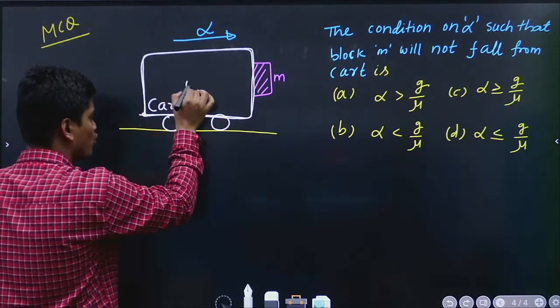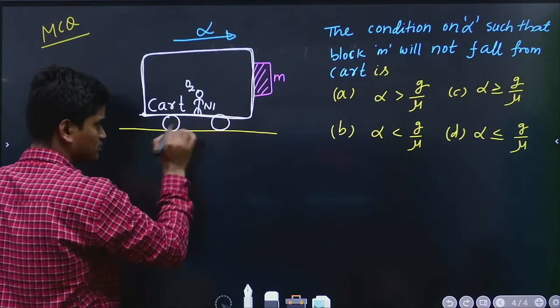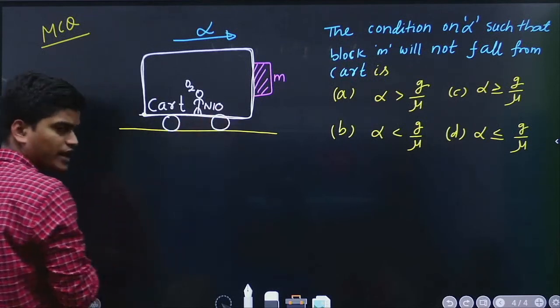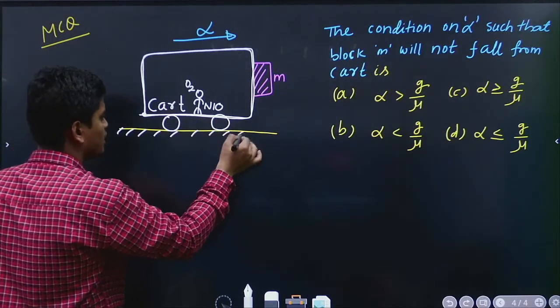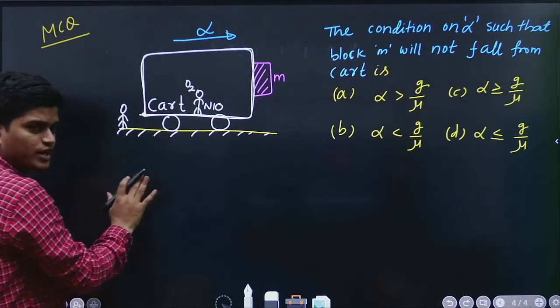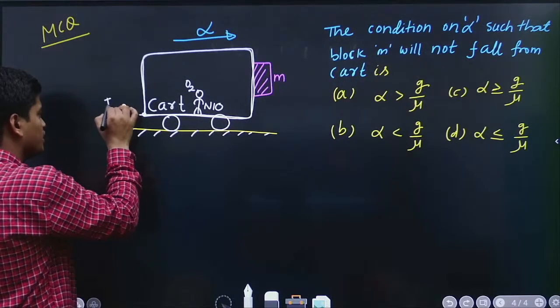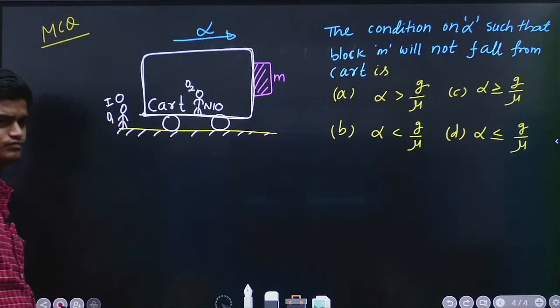This observer O2 is called a non-inertial observer, or non-inertial frame. And if a person is standing here on the road, not moving, this is called an inertial observer. This is your O1. Yes or no?